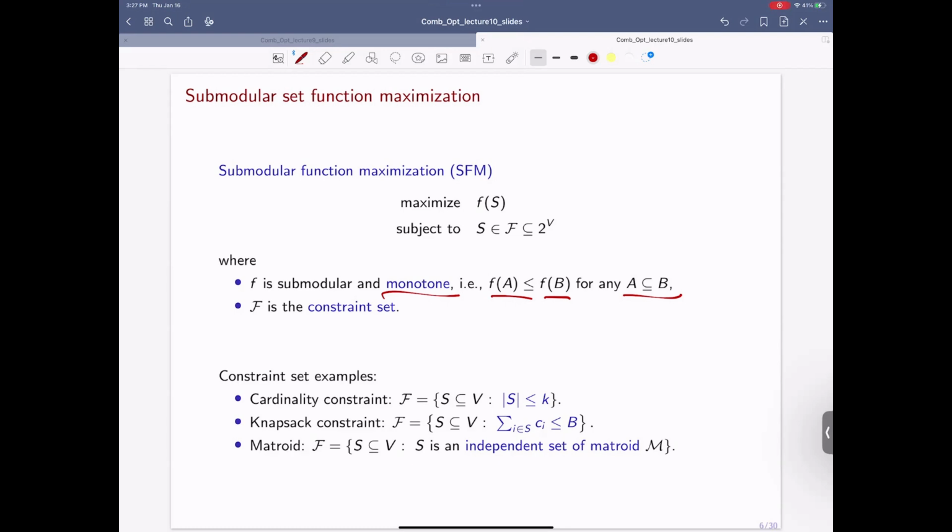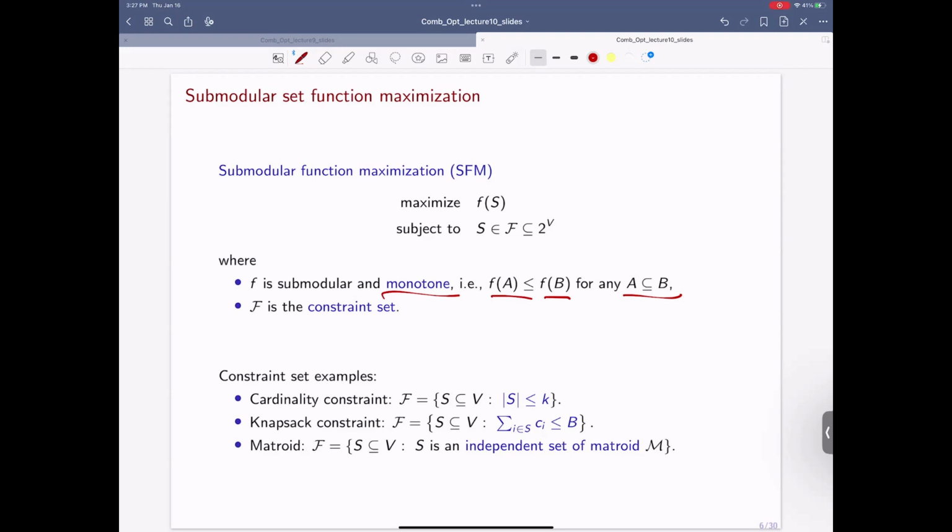You can also model some kind of knapsack constraint. Maybe hiring individual employees has certain prices, and I have a budget B on the amount I can spend. We can also consider the matroid constraint.